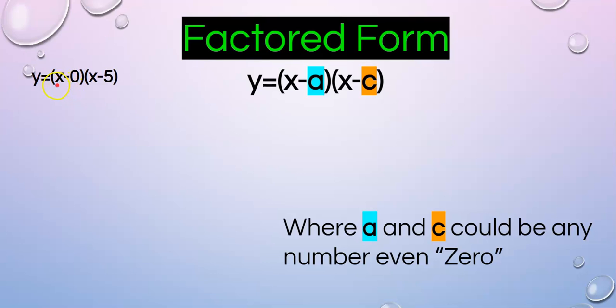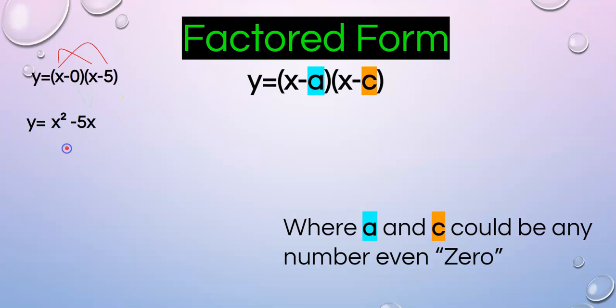So in my first group, I have one binomial. In my second group, I have another binomial. If I were to simplify this and multiply it out, I would have to multiply my x by my x, which gives me x squared. Then I would multiply the x by the -5, and that's going to give me -5x.